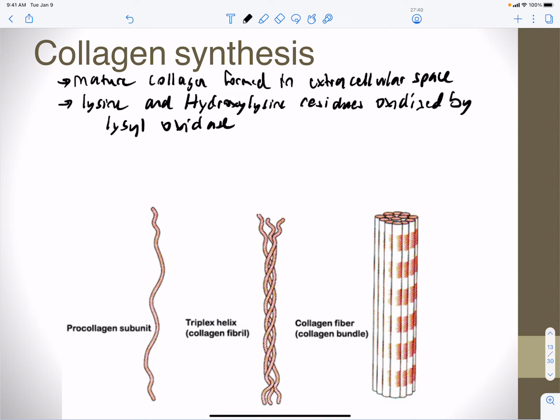And then you're going to have collagen peptidases, which are going to remove both the N and C terminal domains of each of the fibrils that are released.